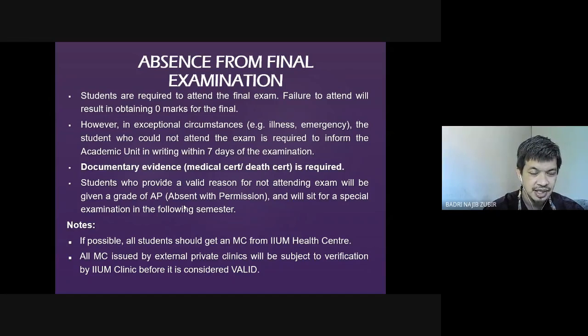Then when we come to the second semester, at the beginning of the second semester, you are going to take what we call a special examination to replace the final examination that you could not attend. So you take the exam. From that exam, maybe you get 30 out of 40.